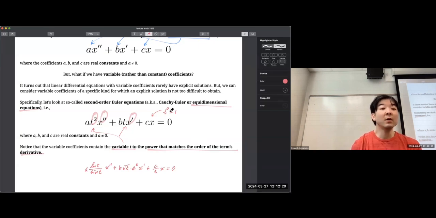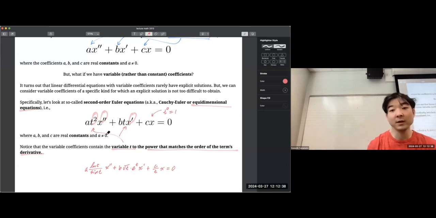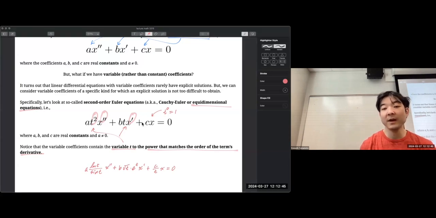So in general, you could have a ridiculous equation like this with the t's being some very, very complicated form, and those would be harder to solve. This one, though, is easier to solve when it's got this structure where it's equidimensional, where the power of the t that's there is the order of the derivative on that term.